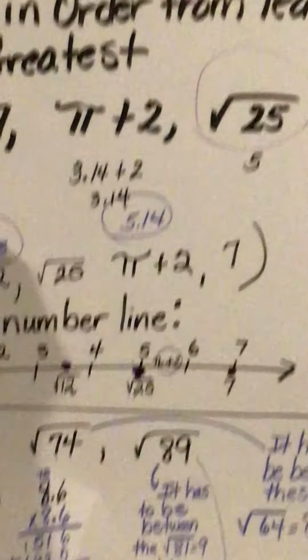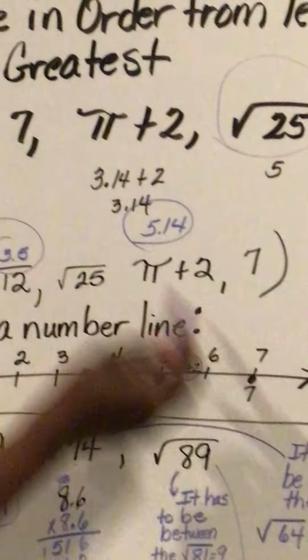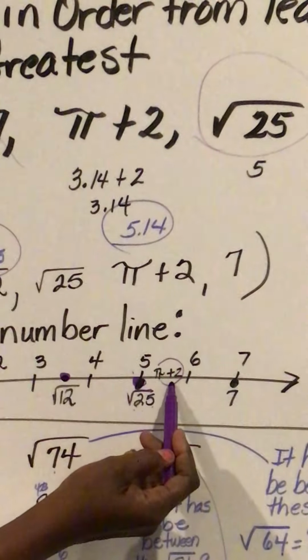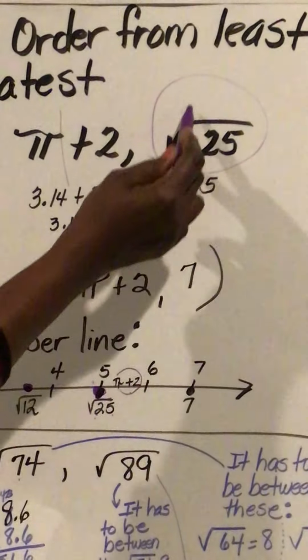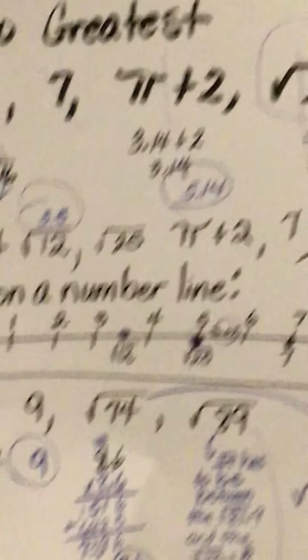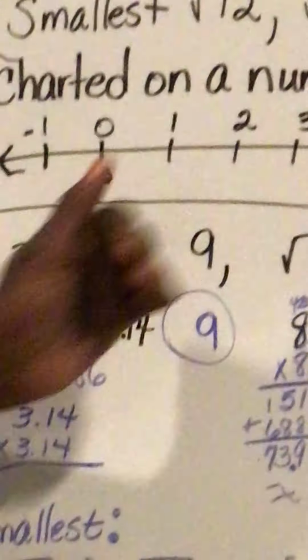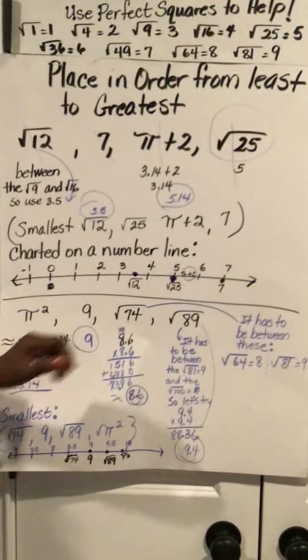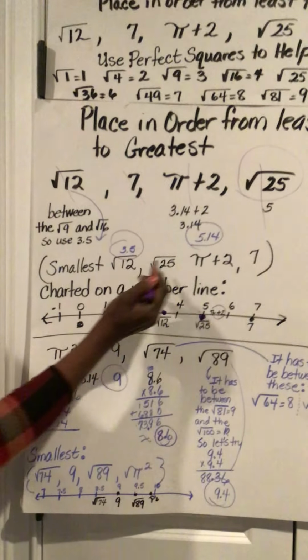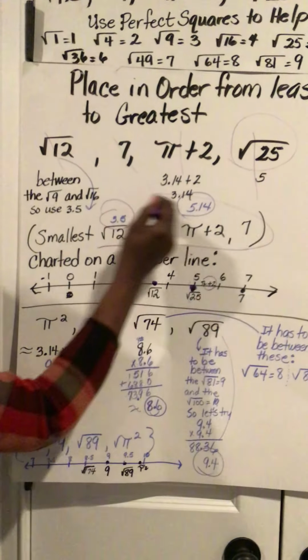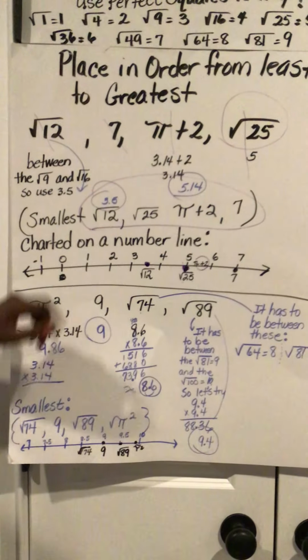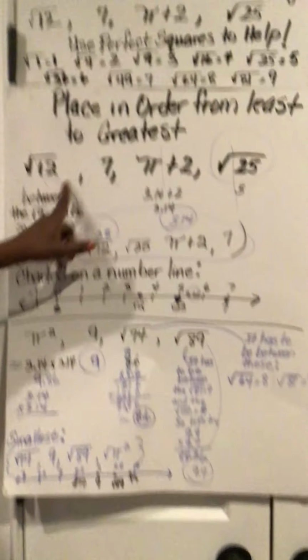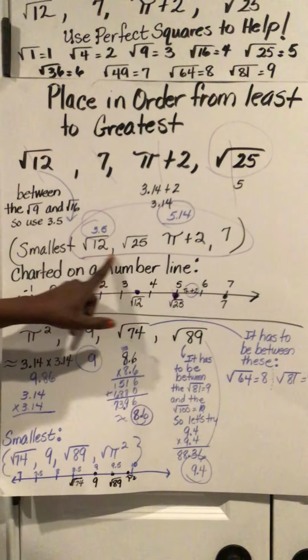We used the 12. We've placed the 7 on the line. We've placed the pi. And we've placed the 25. So I've just showed you how to place in order from least to the greatest. So this is the answer right here. This was the original one. And then right here is where I put them in order.